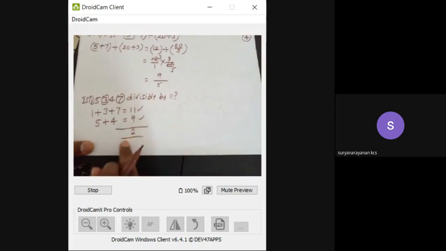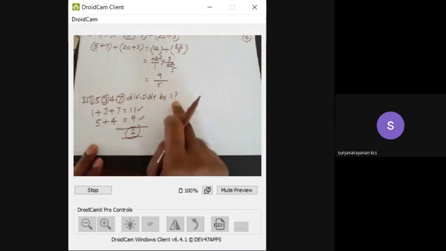This number plays a very important role. So is this number 2 a multiple of 11? Is this number divisible by 11? Nikita, are you listening? Is this number 2 divisible by 11?